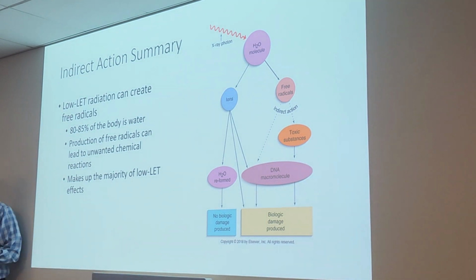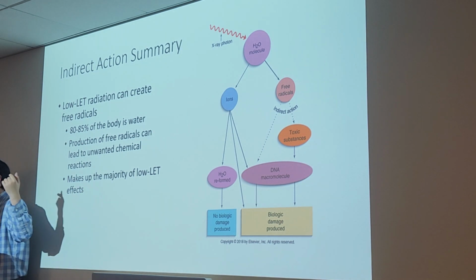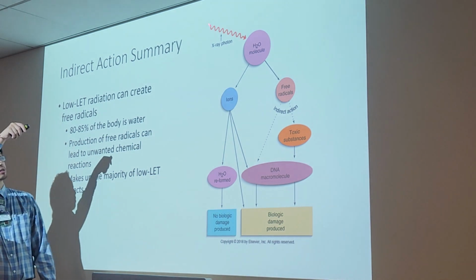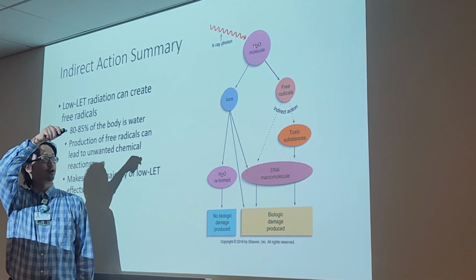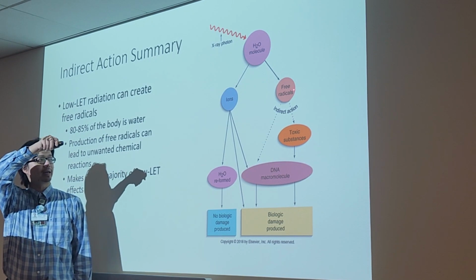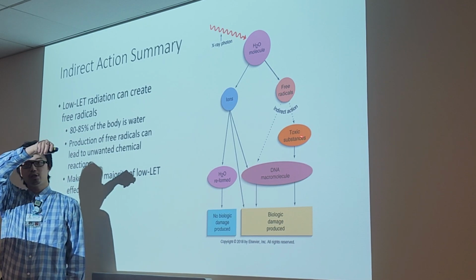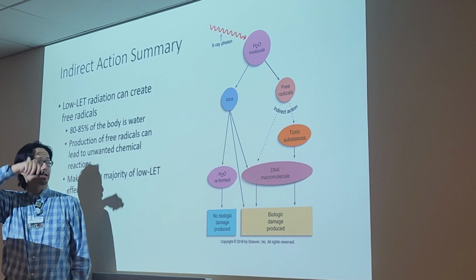All right, back to the important stuff. Indirect action summary. So let's summarize indirect action. All right. We've got a beautiful diagram over here. X-ray photon comes in, interacts with water. Water can either turn into ions or free radicals. These free radicals, through indirect action, can either produce toxic substances or they can go and directly interact with the DNA.